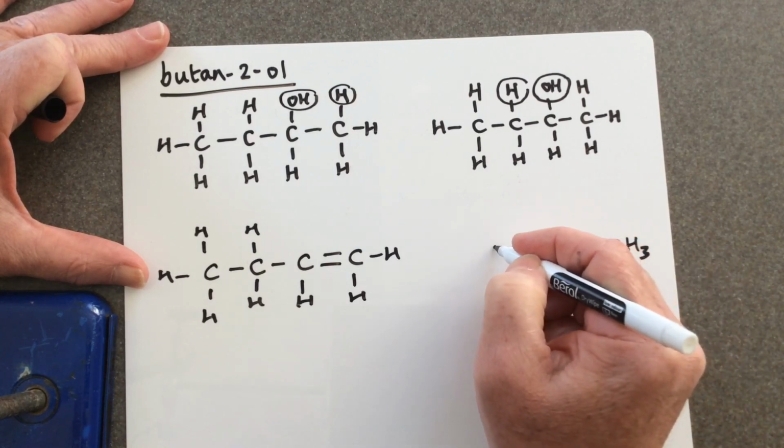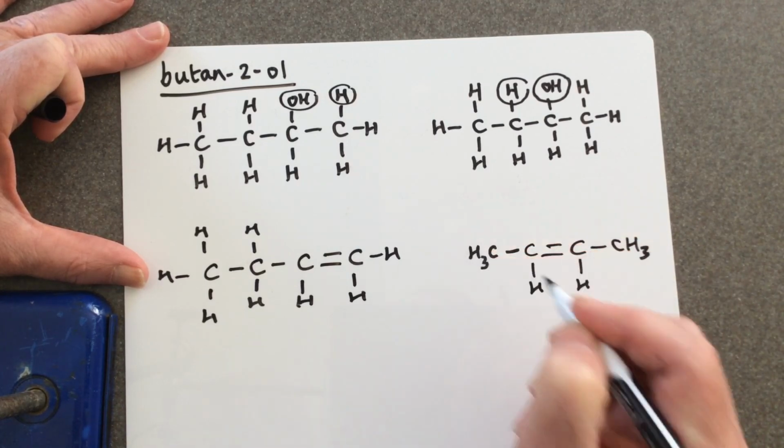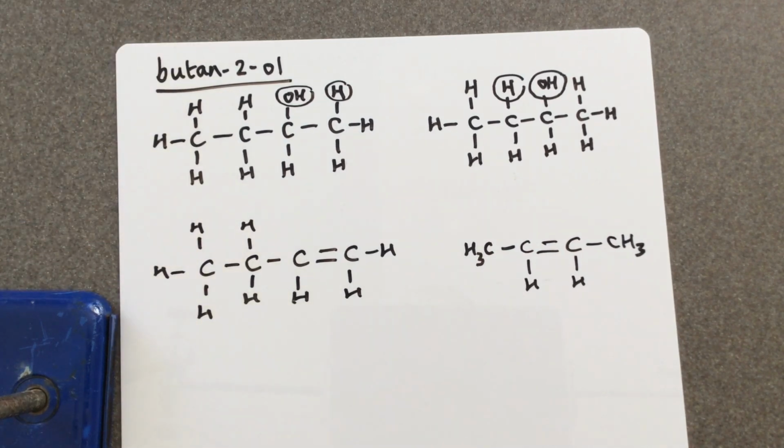And in this case, I can see I've now got a carbon-carbon double bond present, and each carbon atom has two different groups attached to it. Pause the video and think, is this the E or Z isomer? Is this the cis or trans isomer? And when would I use the terminology cis and trans?